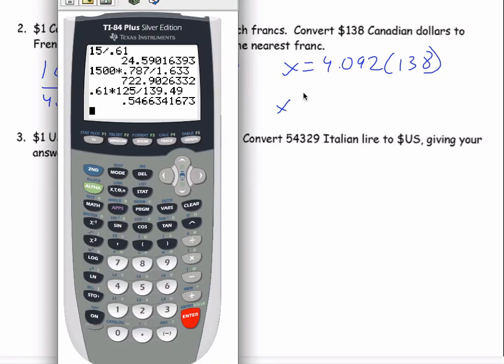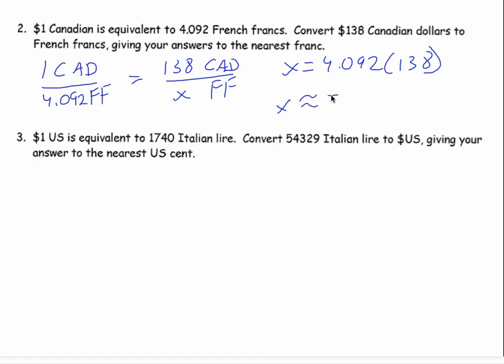Okay, so let's work that out. 4.092 times 138 is 564.70 French francs.